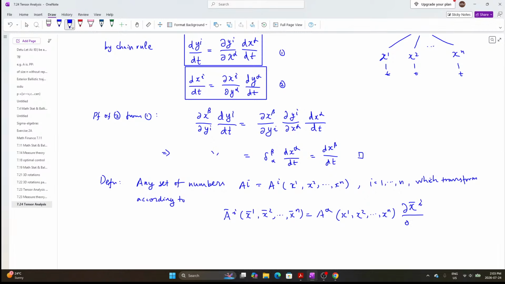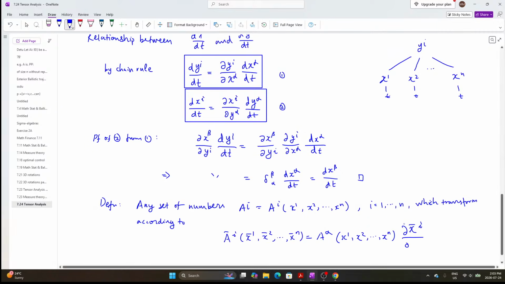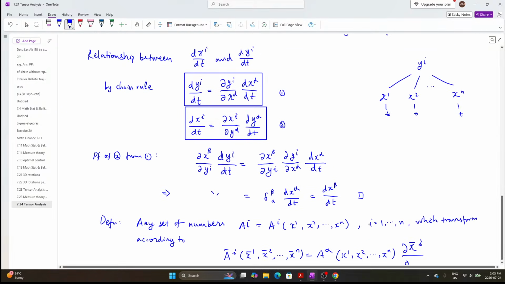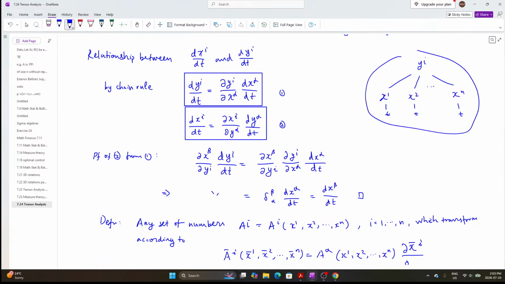What we tried to show with the proof was the equivalence of 1 and 2. In our exposition, I derived 1 from the chain rule, and then proved the second from the first. And of course, they are equivalent. You can start from 2 and then prove 1. But what we just did is, as I said, proof of 2 from 1.